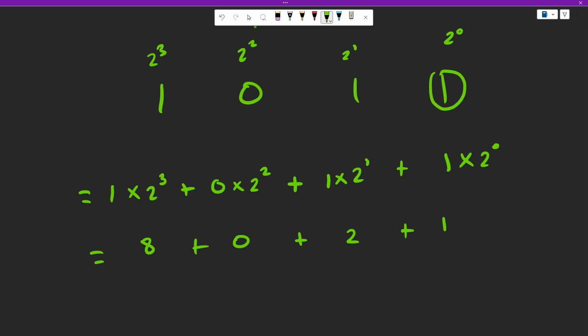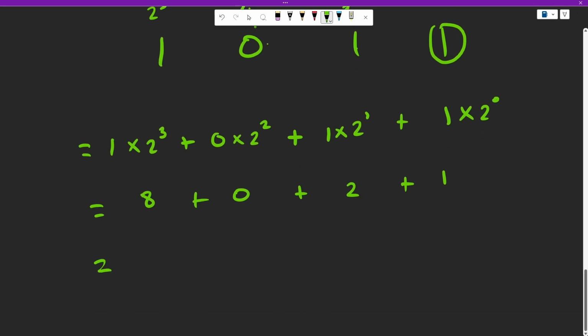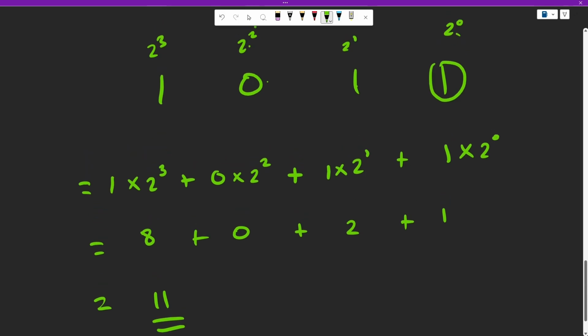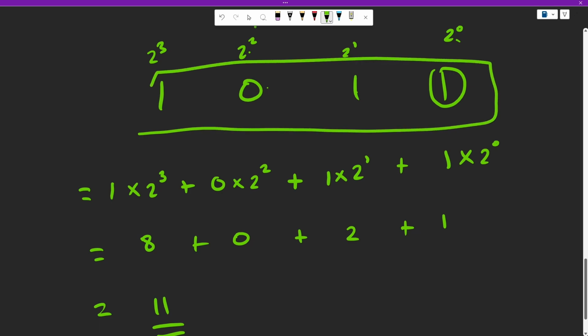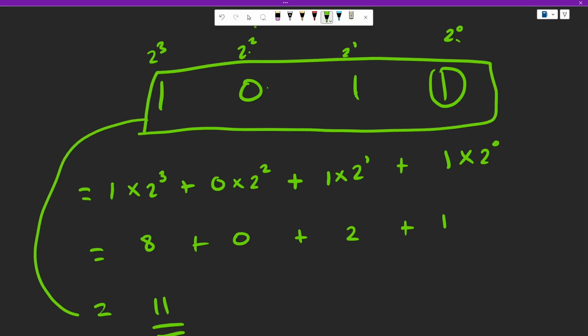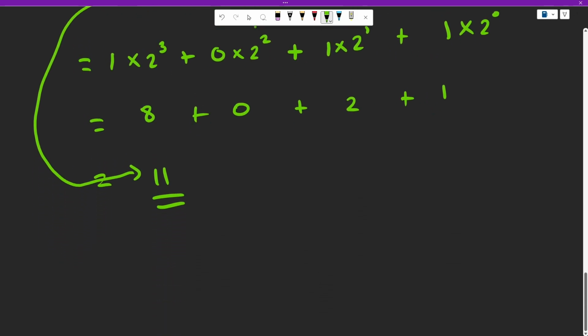So we do 1 into 2 raised to 0 plus 1 into 2 raised to 1 plus 0 into 2 raised to 2 plus 1 into 2 raised to 3. Now we add these and we get 11. So 11 is the answer here. This binary number is represented as 11. Okay, so this is how we convert binary to a decimal number.